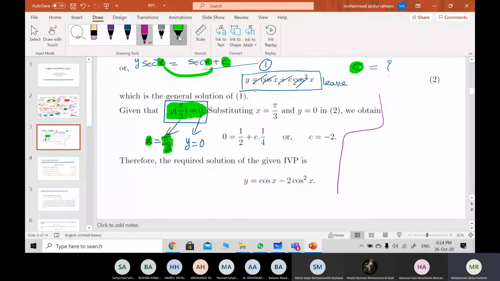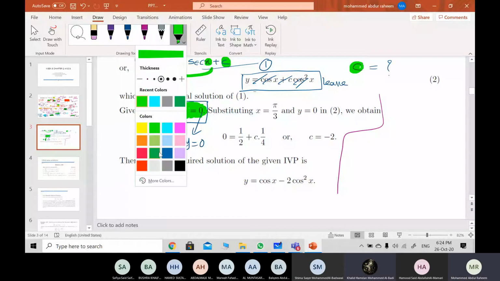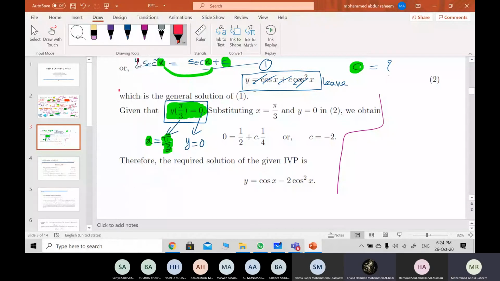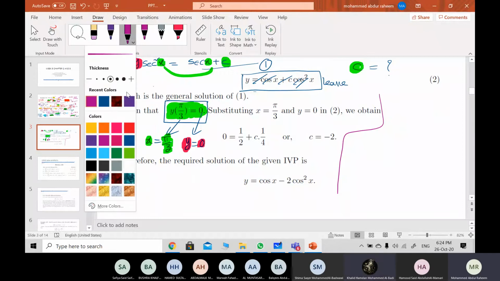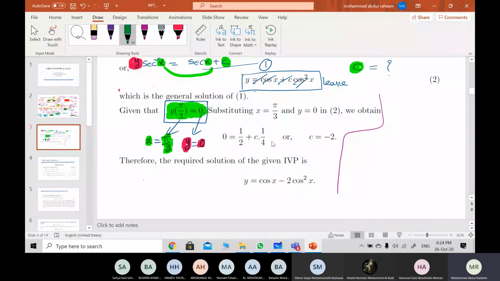And Y, how much? Y is 0. Just that 0 you write there. If you write there, what happens? Right here, Y how much? 0.